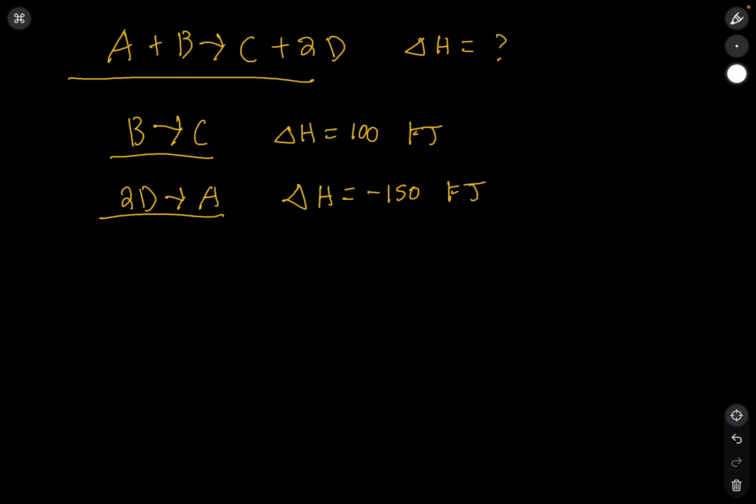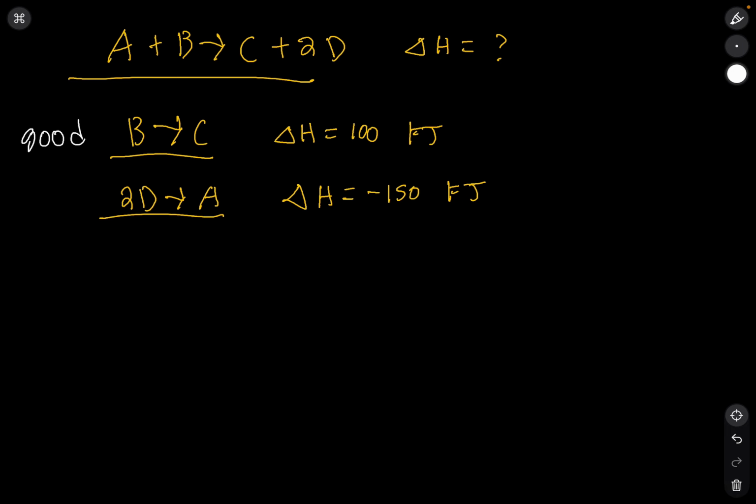So we see here that for the total reaction, we have A plus B, which turns into C plus 2D. For the first reaction, we have B, which turns into C. Essentially, we know that B is going to be a reactant, and C is going to be the product. So this reaction is good.